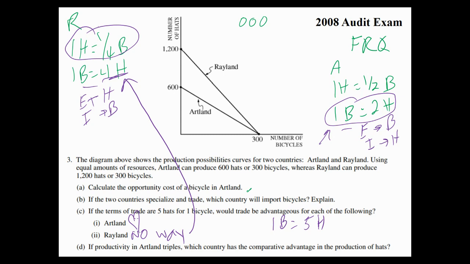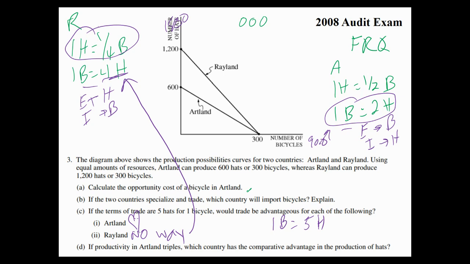All right. So then it says if production in Artland triples, which country has a comparative advantage in the production of hats? If Artland triples his production, he goes from 300 to 900 and from 600 to 1800.